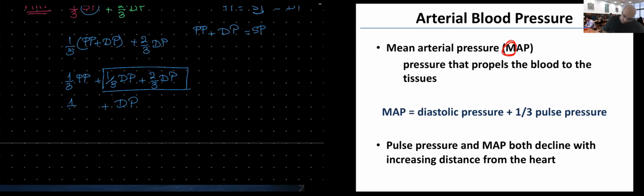So the average pressure is simply diastolic pressure and the difference between the diastolic and systolic for 1/3 of the time. All right, this is my mean arterial pressure.